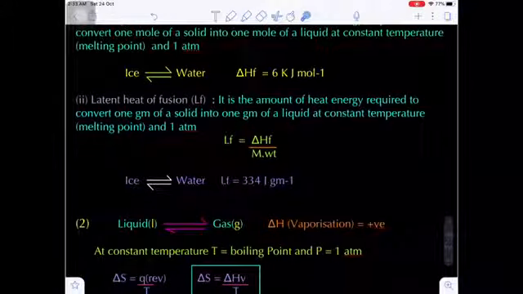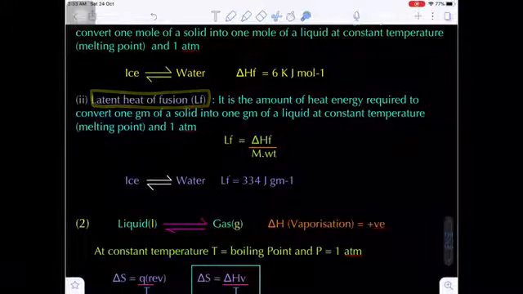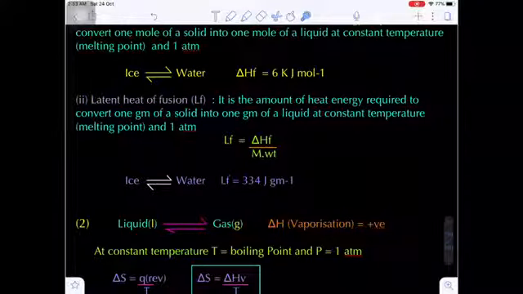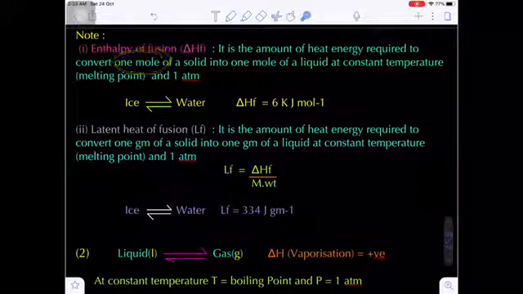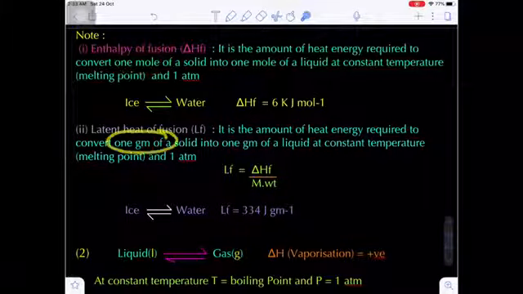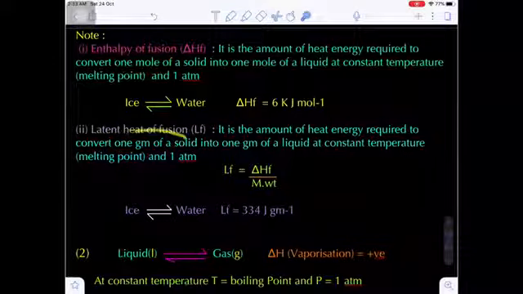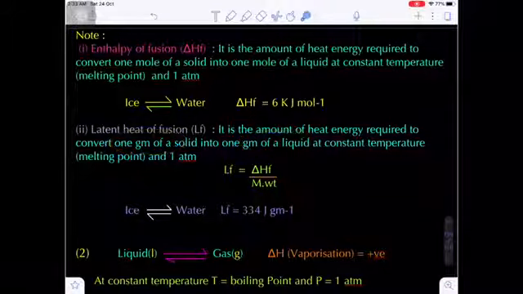Enthalpy of fusion. And one more definition, that is the latent heat of fusion. It is nothing but the same definition, but here corresponding to 1 mole of a solid, heat is corresponding to 1 gram of a solid. Are you getting my point? It is the heat energy required to convert 1 gram of a solid into 1 gram of a liquid. That is very important.